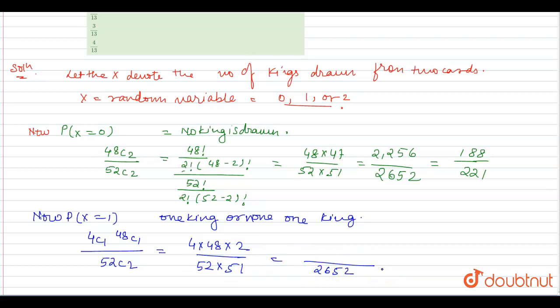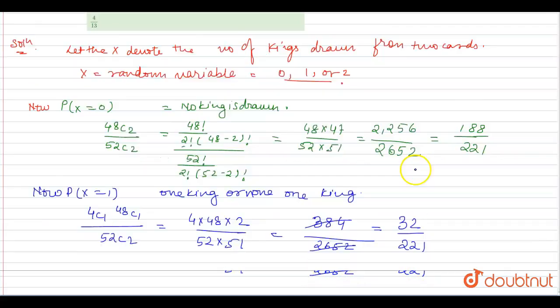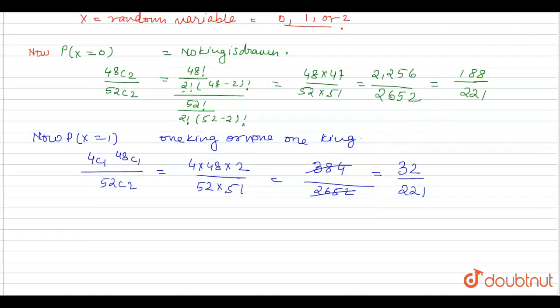Now multiplying 48 into 8 we get 384. Dividing it by 12, 384 by 12 we get 32, and 2652 by 12 we get 221. Okay, so this is the value when X equals 1.